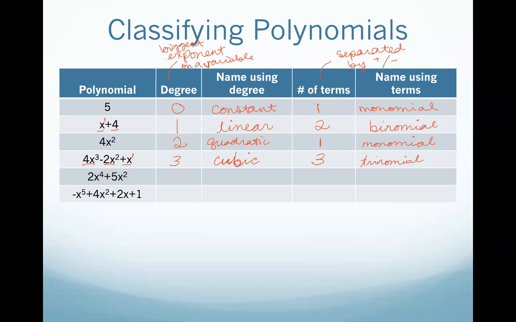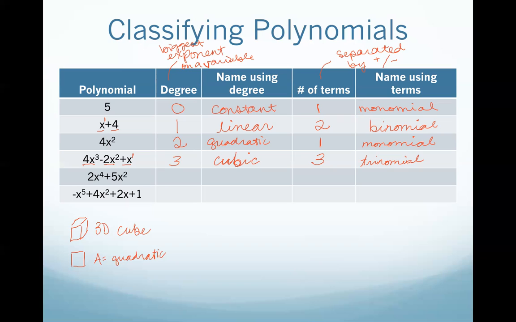That comes from a cube having 3 dimensions. 3D is a cube. So x to the 3rd is cubic. Kind of like the area of a 4-sided figure is quadratic. Okay, so it relates back to geometry a little bit.